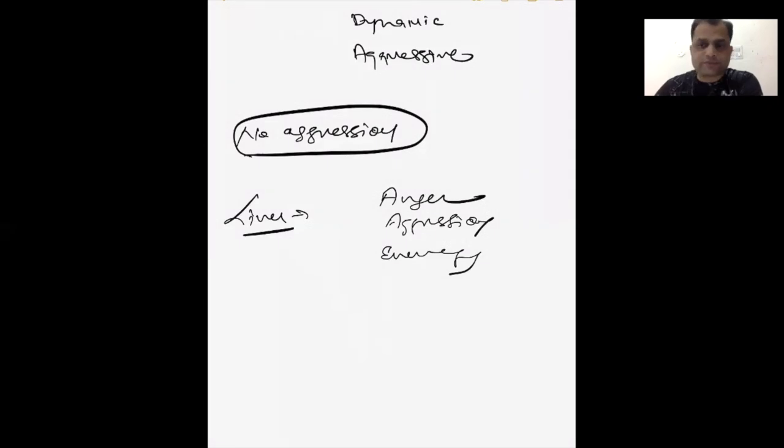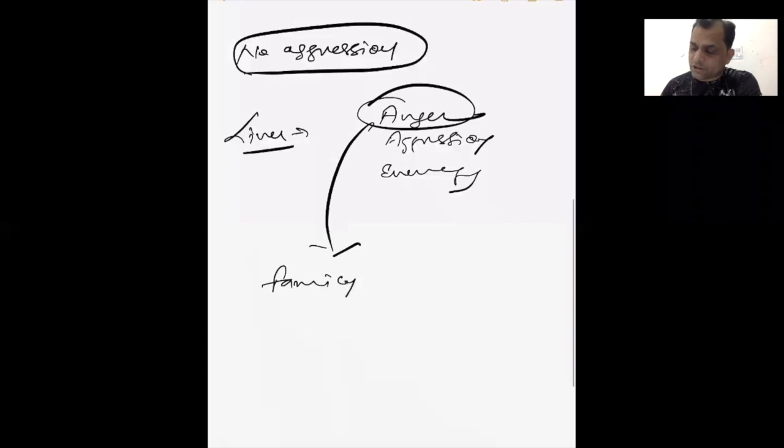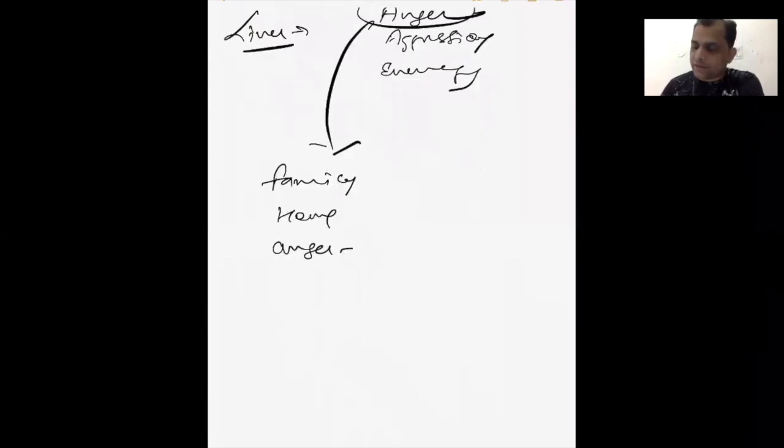So that's why when someone expresses anger in the playground, it is very good. But when a person expresses anger in the family, at home, with their own colleagues, it is damaging; this anger damages everything.